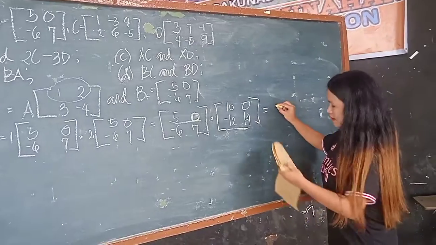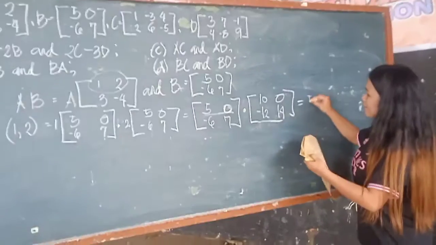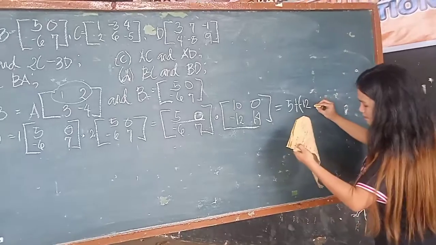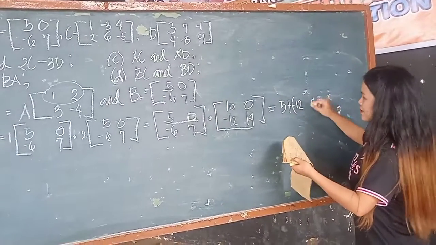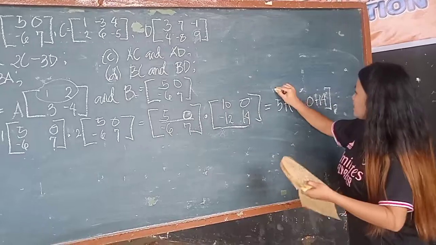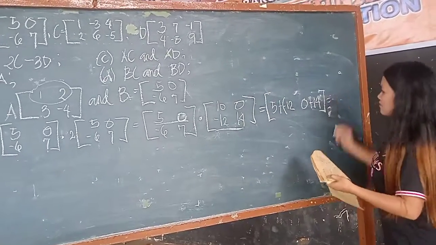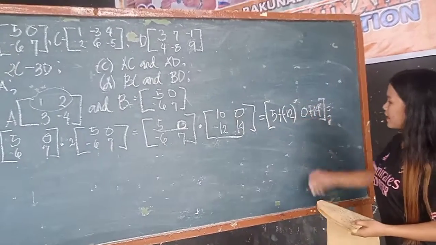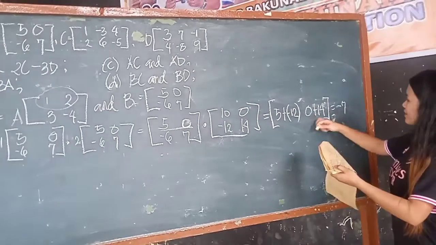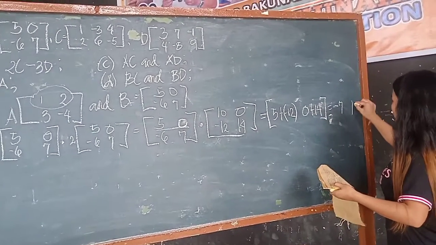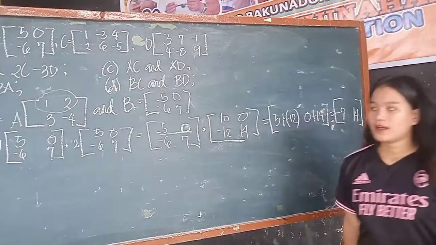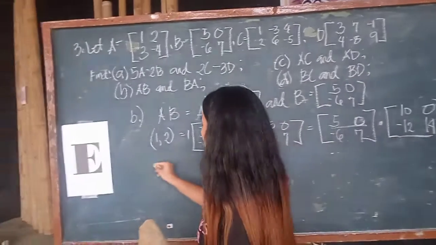So therefore, it becomes 5 plus negative 12, then 0 plus 14. 5 plus negative 12 is negative 7, and 0 plus 14 equals 14. So that is the value for rows 1 and 2, then the 3 and 4.